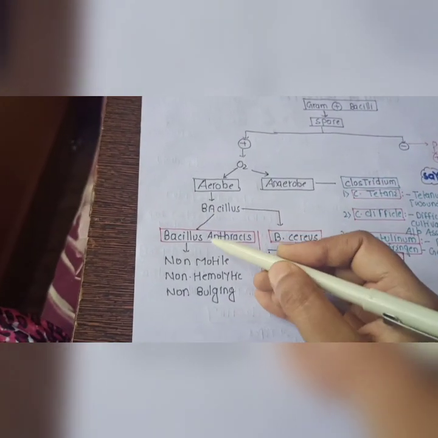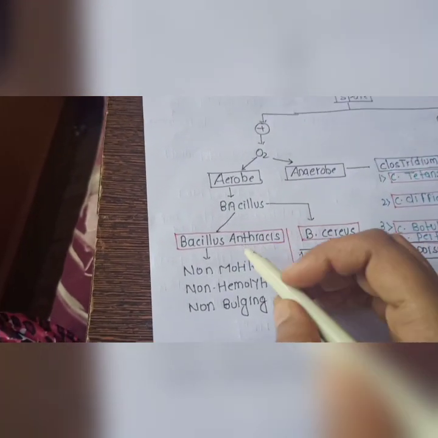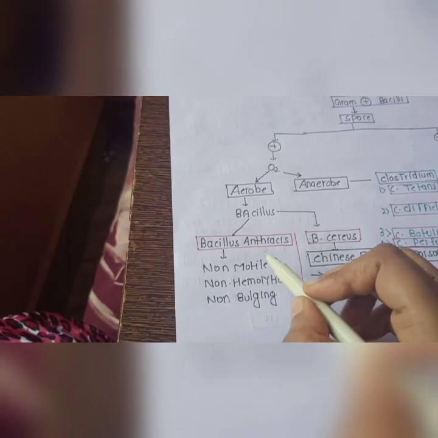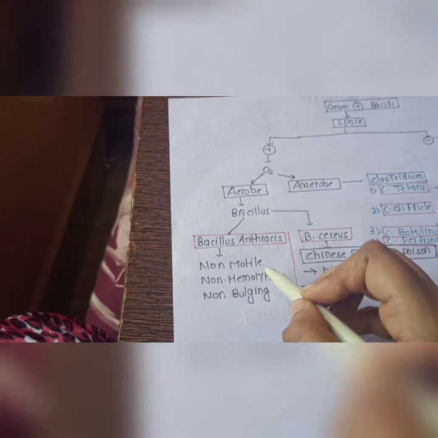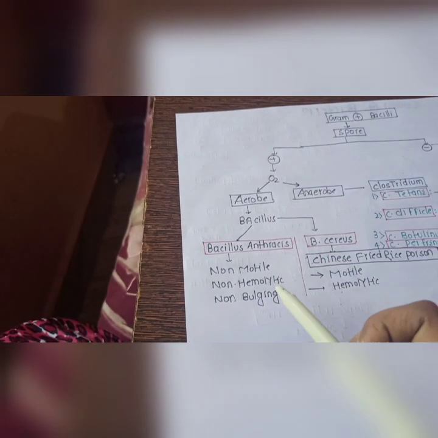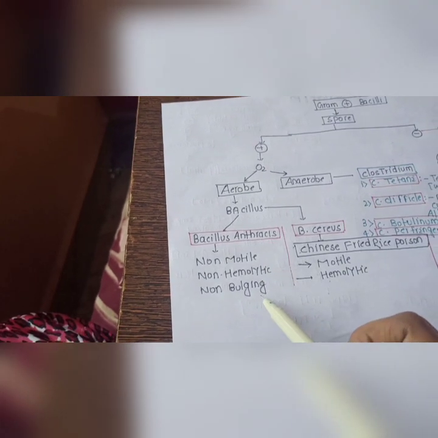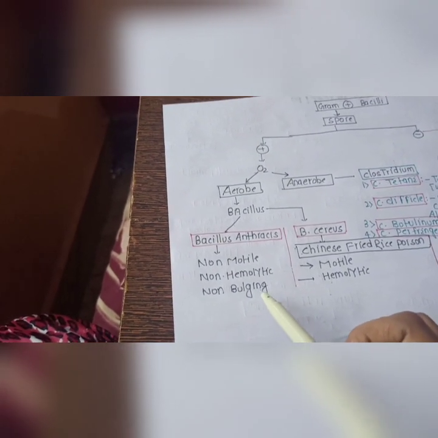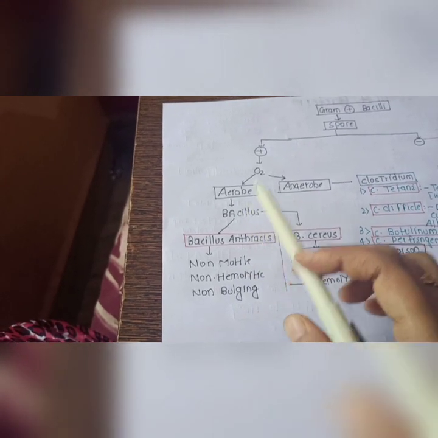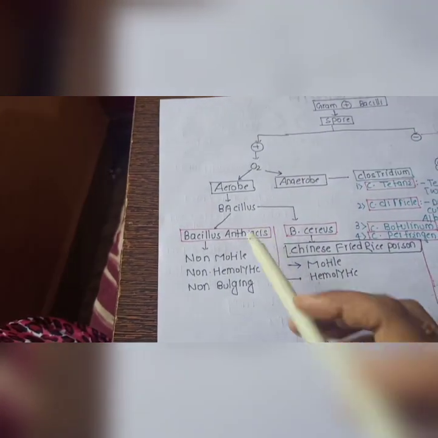Anthracis, concentrate on N. Bacillus anthracis is non-motile, aerobic, spore forming, non-hemolytic, with non-bulging spore.